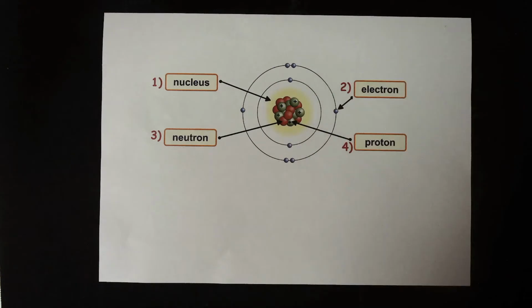For example, if I get a balloon and I rub it on a cloth, then the balloon will pick up extra electrons from the cloth, therefore making it slightly more negative. So what I'll do is I'll just rub the balloon on the cloth, and as I said earlier on, all matter is made up of positive and negative charges.